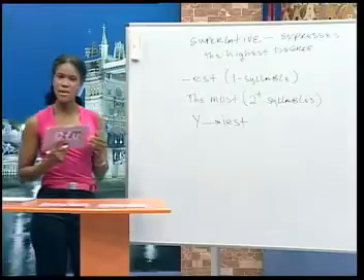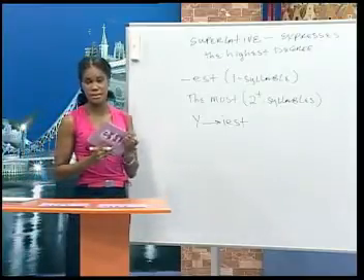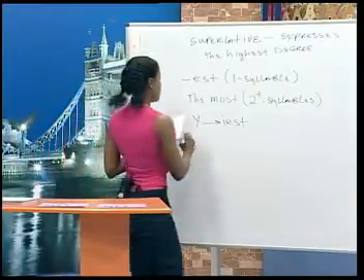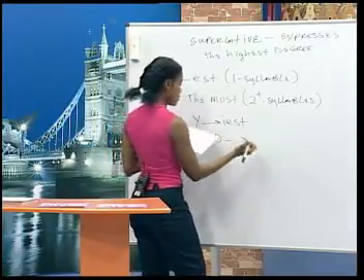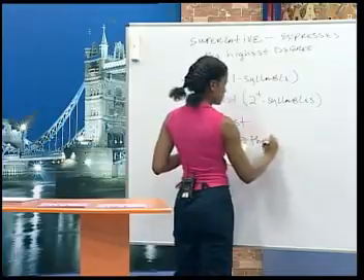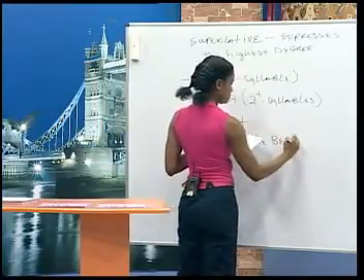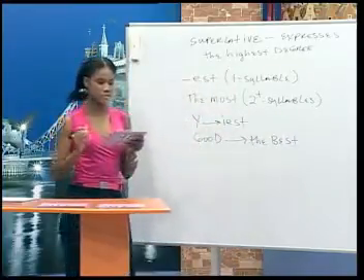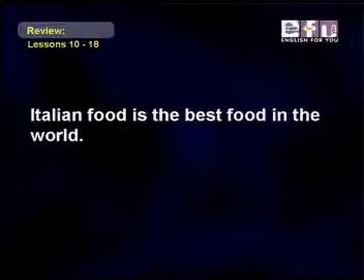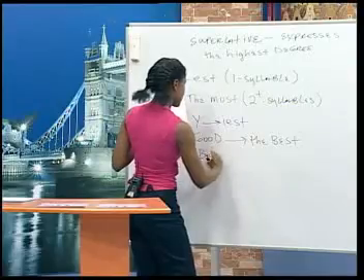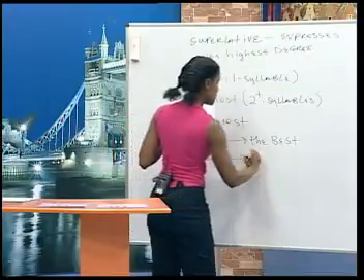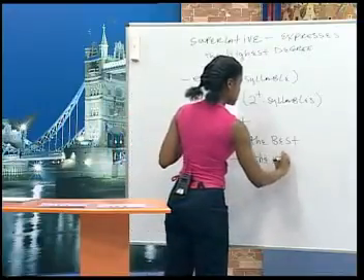And of course, like comparatives, there are some irregular superlatives. For example, good in the superlative form becomes the best. For example, Italian food is the best food in the world. I'm sure Alberto would agree with that. And then bad in the superlative becomes the worst.